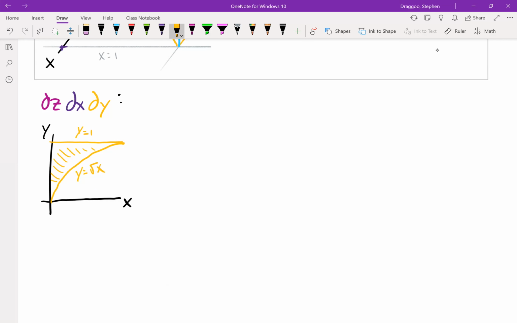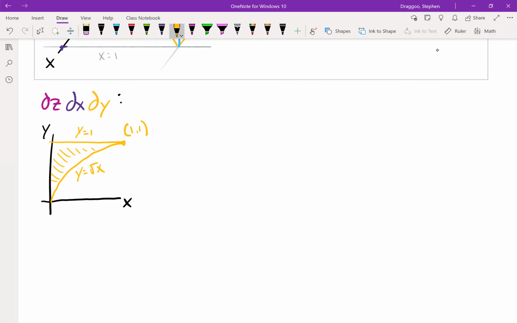And our goal is just going to be to reorganize this shape into something where we can set our boundaries up for x equals something instead of y equals something. So we also have the point 1, 1 right there. Probably is going to end up being important.